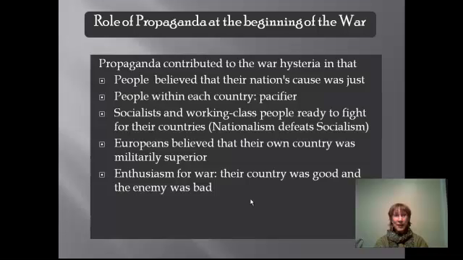And if that propaganda helps convince the people of the country that the enemy is evil, then the people of the country are going to support fully the war effort because we are fighting evil. So remember that, because propaganda is going to play during the war a very important role.